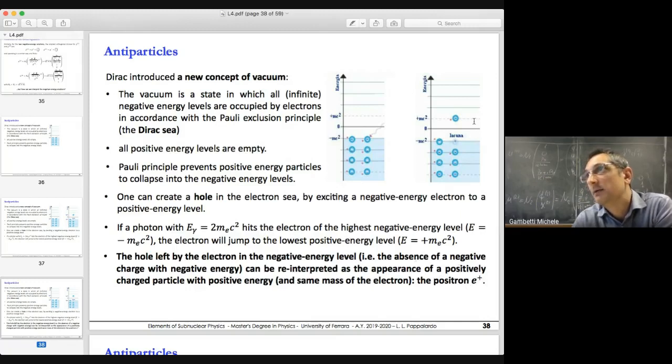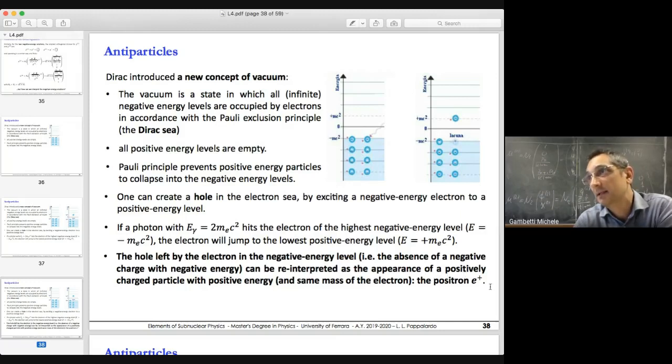So essentially with this mechanism, Dirac made two fundamental predictions. First of all, that you can create an electron-positron pair with a photon, and the other one is the existence itself of the positron. That means, in other words, the existence of antimatter. Each matter particle must have a corresponding antimatter particle.